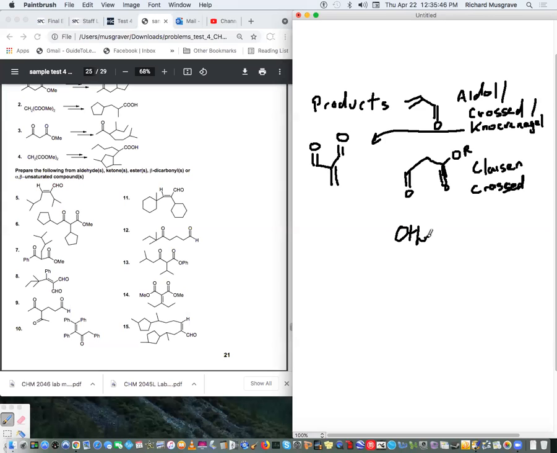Others would be the Michael reaction. So anything that doesn't fall into those two categories would be a Michael reaction. Like 9. Like 9, yes. And can you find another one? 12. 12, yes. Any others?